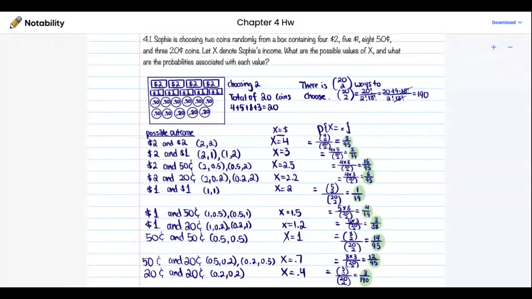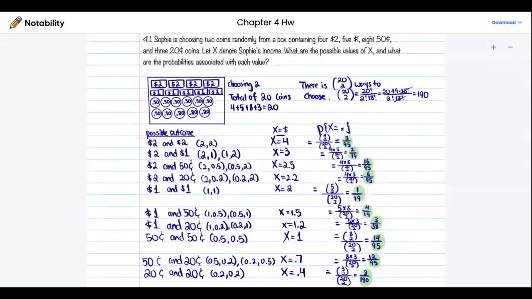Great. So my only consideration is this. For some random variable values you have one outcome, and for some you have two outcomes, like the last two. 20 cents and 20 cents is only one, but 50 cents and 20 cents you have two ways of getting 70 cents.